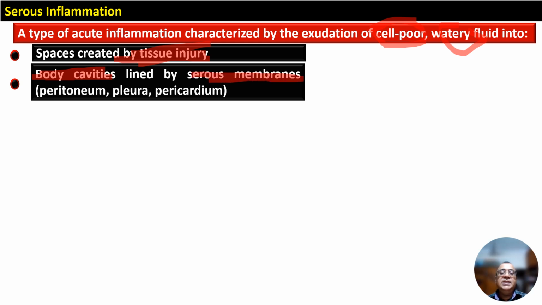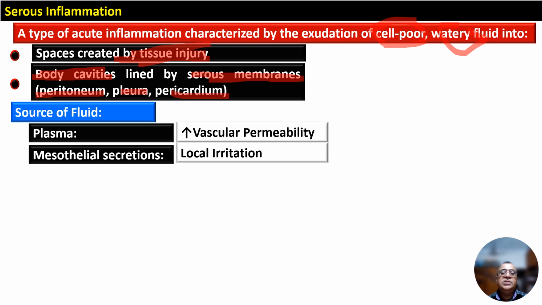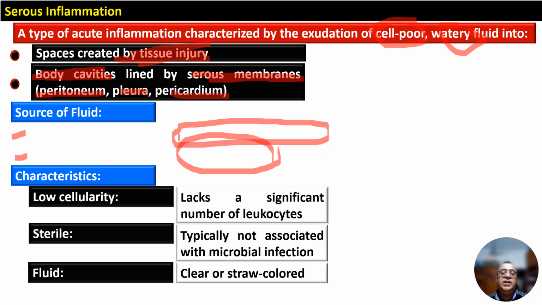These body cavities may be the peritoneum, pleura, or pericardium, and the source of fluid accumulated in serous inflammation may be plasma or mesothelial secretion. This ultrafiltrate is formed due to increased permeability of the vessel wall, or it may be due to increased secretion by the mesothelial cells after local irritation.